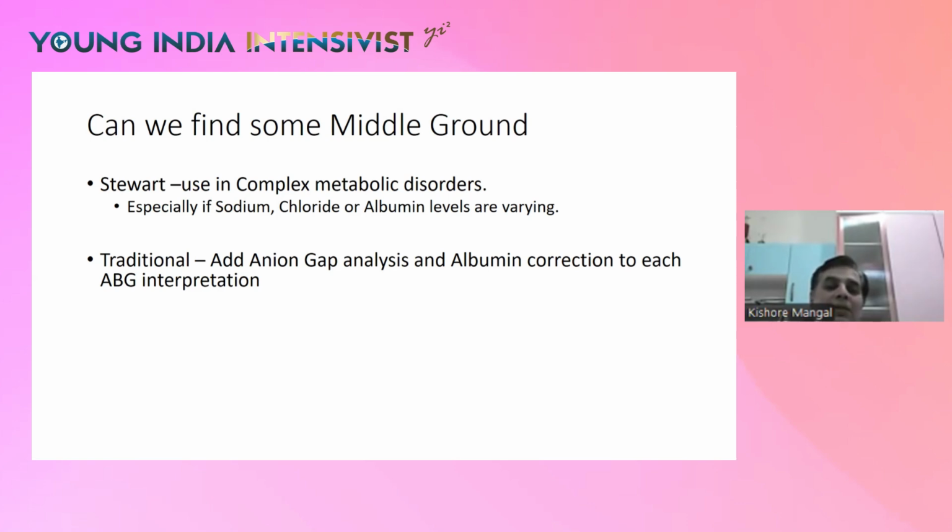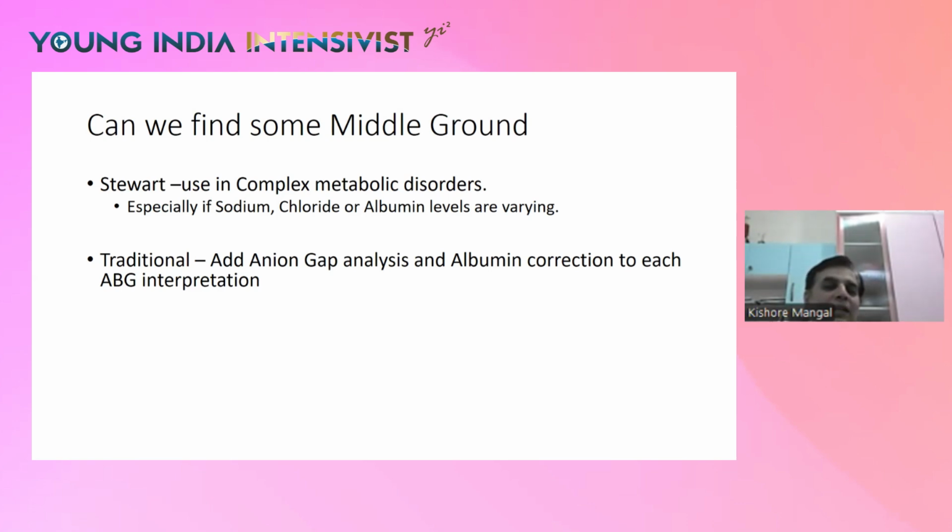And if we are still very much convinced with the traditional approach, I recommend that from Stewart's approach, use sodium, chloride and albumin, and add anion gap analysis to all of your patients. Albumin correction must also be added in all your analysis, because as we have seen in initial slides, the traditional approach only takes the bicarbonate buffer as the main buffering thing, but we know that albumin and phosphate buffers are also working side by side.